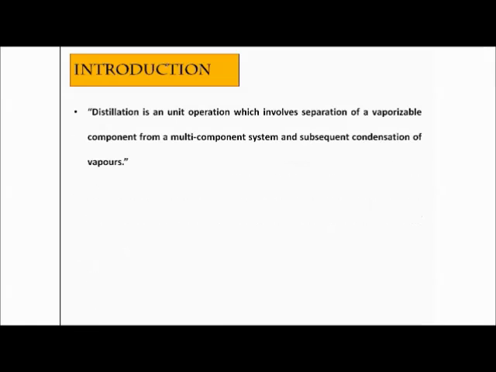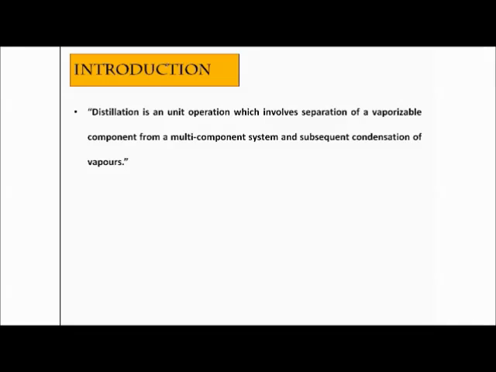So in the introduction, let us first have a basic idea regarding distillation. Here I am going to give you three distinct definitions for distillation. The first one is that distillation can be defined as a unit operation which involves the separation of vaporizable components. Now what is a vaporizable component?